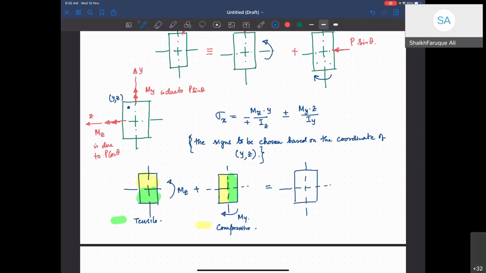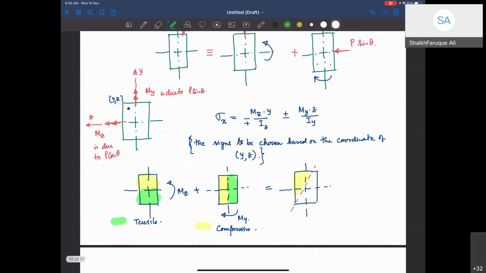It might be something like this, of which this can be your green portion, this can be your yellow portion, and this can be your green portion. And how do you find the neutral axis? Sigma x should be equal to 0.